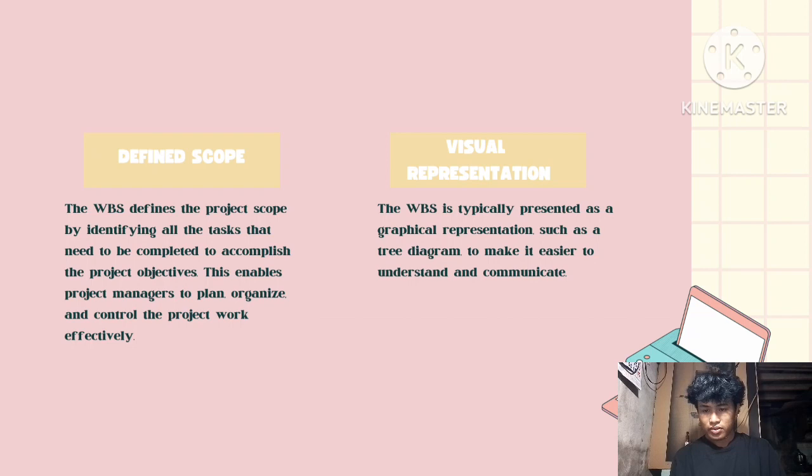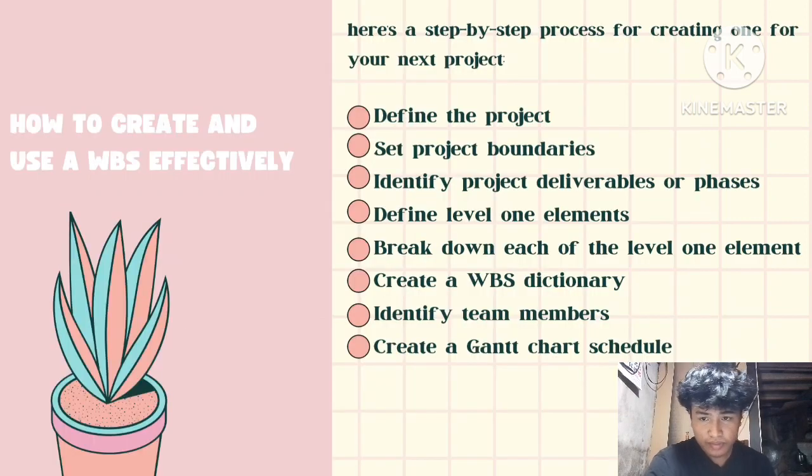This enables project managers to plan, organize, and control the project work effectively. And lastly, visual representation. The WBS is typically presented as a graphical representation, such as a tree diagram, to make it easier to understand and communicate.